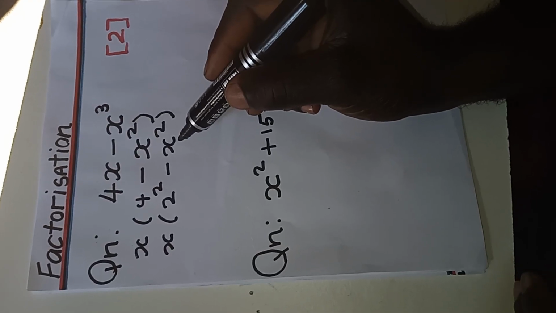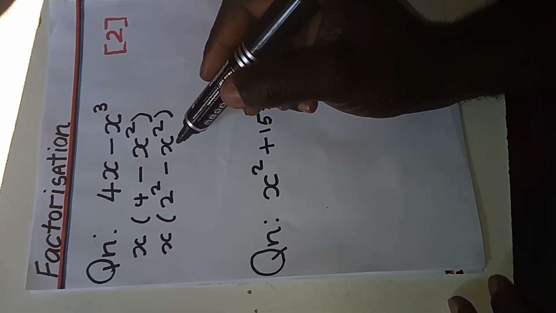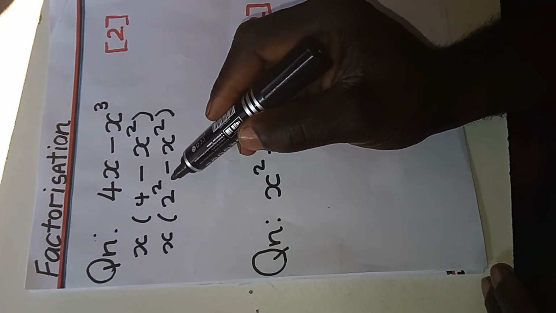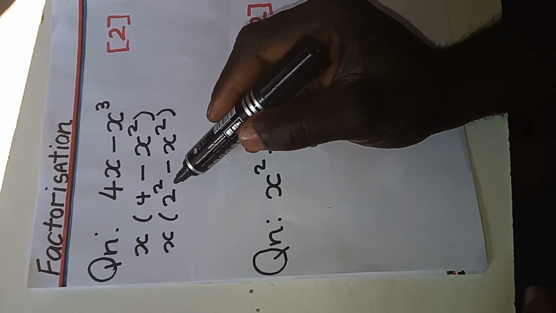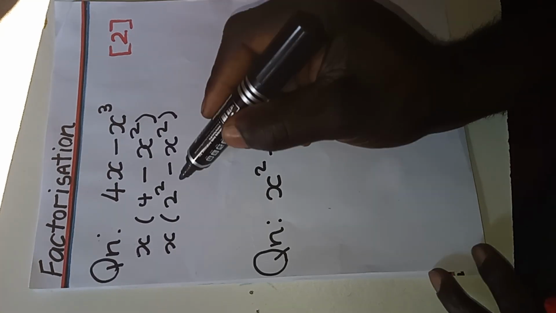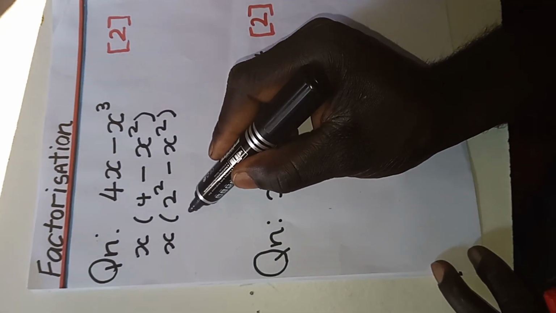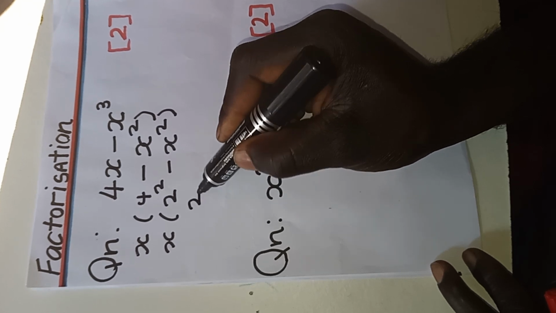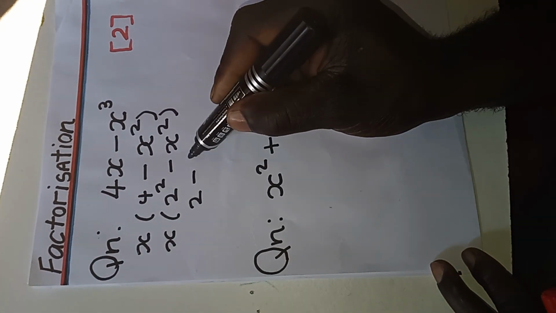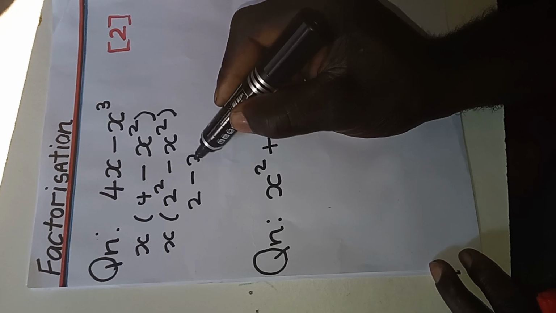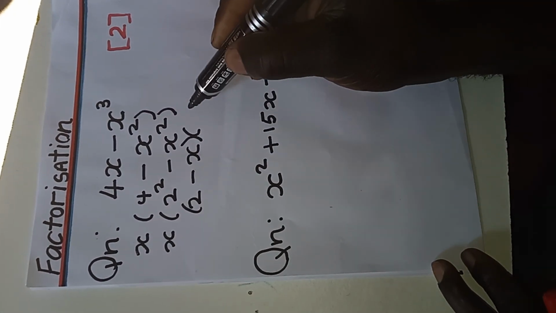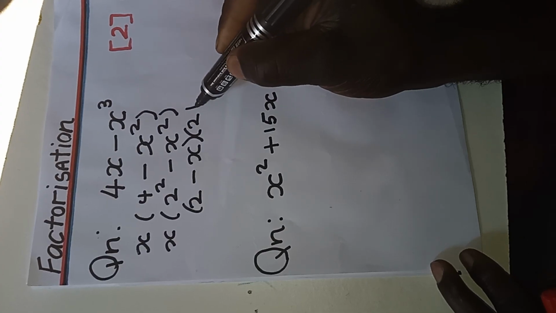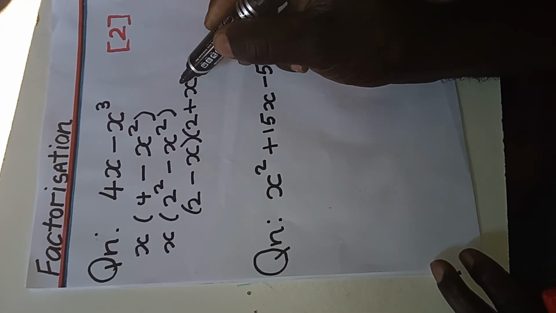What does the difference of 2 squares say? If we are subtracting two terms raised to the power of 2, we will have a 2 minus an x, then I close the bracket, then I open another bracket, a 2 plus x.